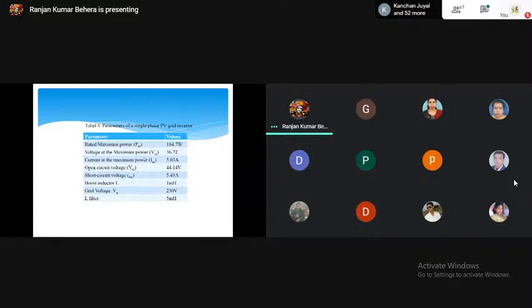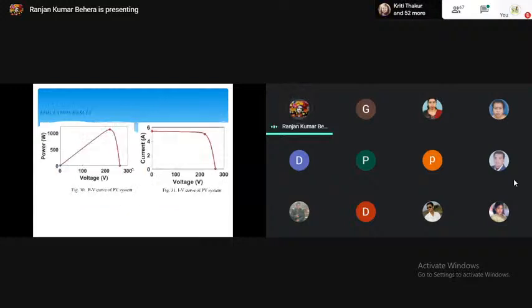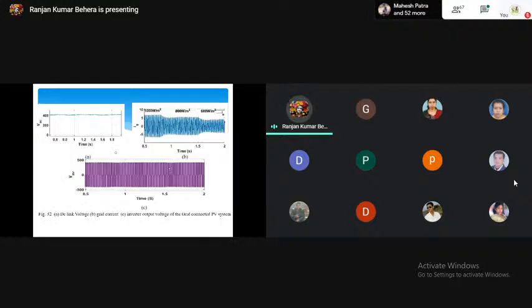You can see a 184.7 watt actual system, and these are the parameters of that one. So then we simulated the system for maximum power transfer. And then you can see that VDC is here, and IG. As your insulation changes, the current IG also changes.